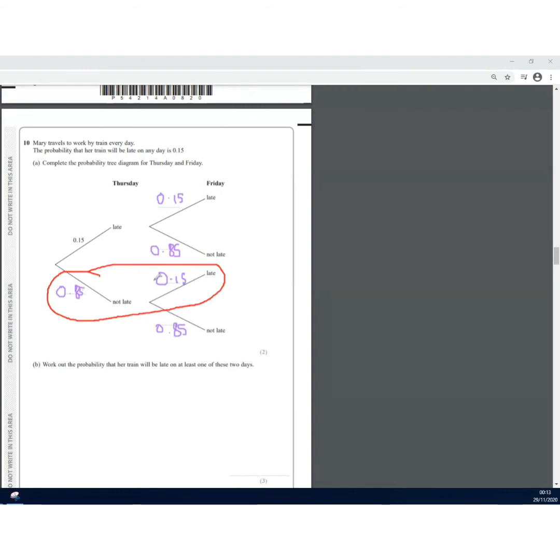Similarly, if it's not late on Friday, it will be late on Thursday. And the last option is, because it says late on at least one of the days, it can be late on both days, Friday as well as Thursday. So we've got three possibilities here.